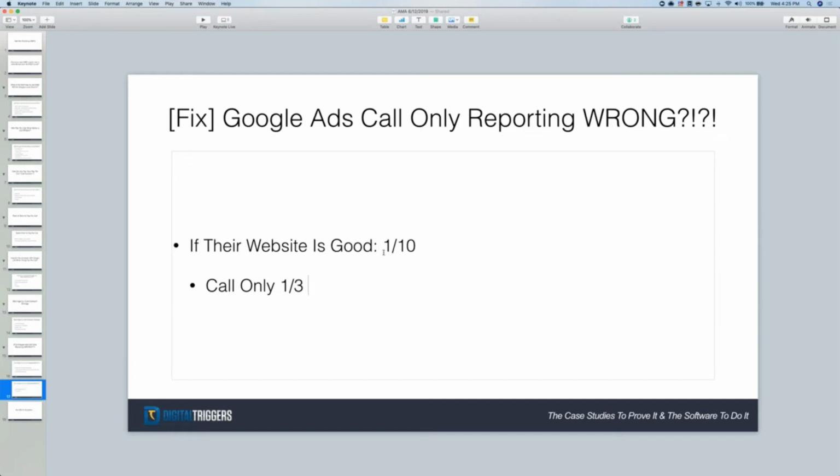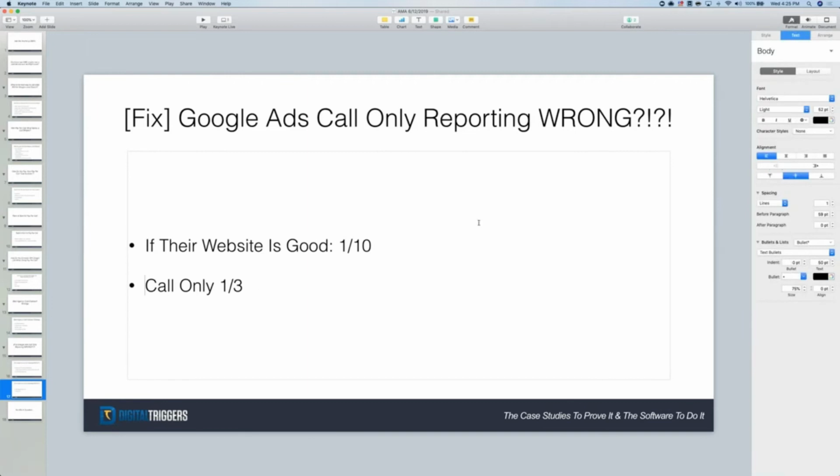What's the difference in conversion rate? Like, this is 10%, and this is 33%.